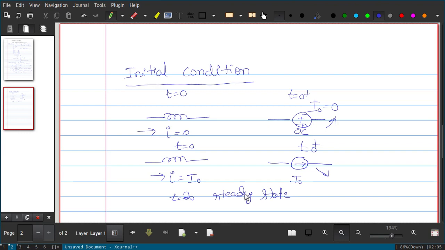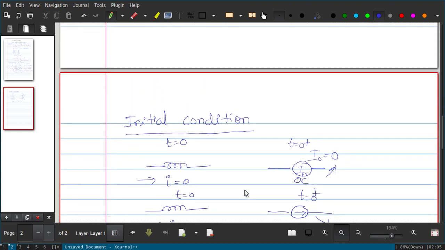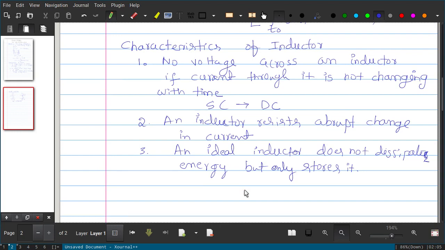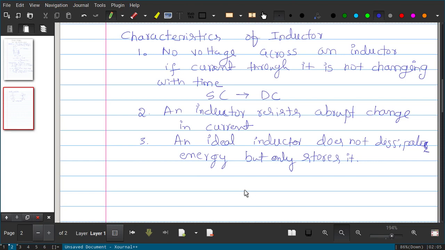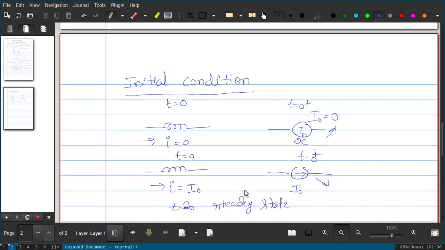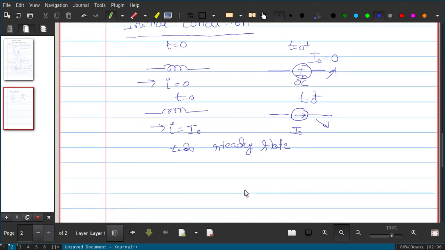How the inductor behaves in the steady state, we have already discussed in characteristic number 1: no voltage across an inductor if the current through it is not changing. So if you are applying a DC current and not changing it with time, the inductor can be modeled as a short circuit.